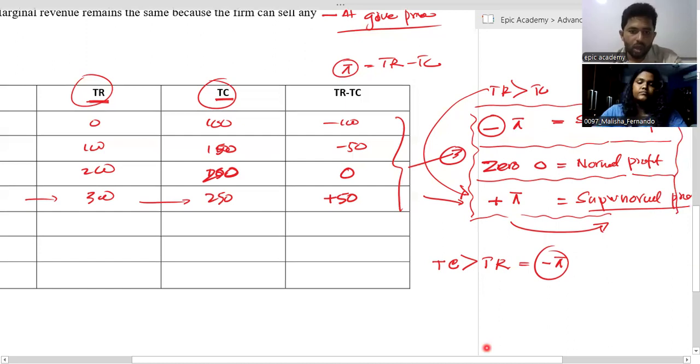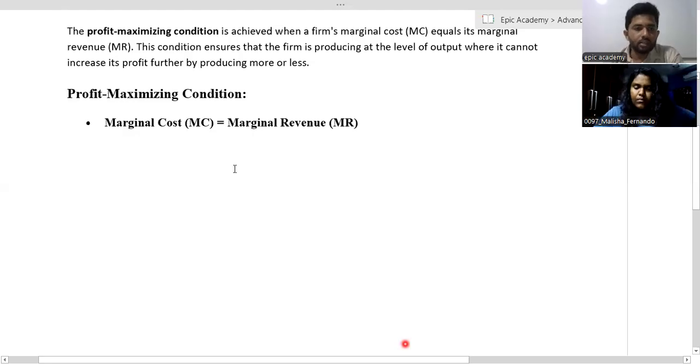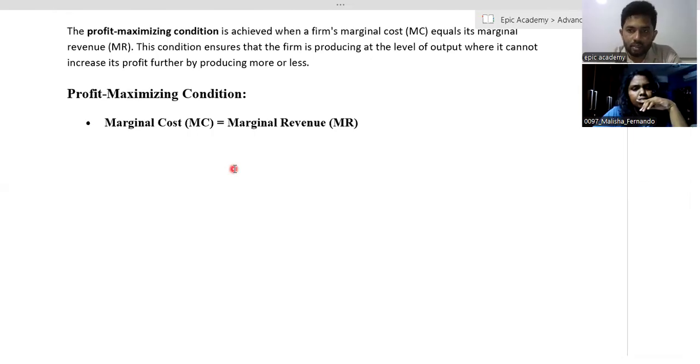Okay. So how can we take decisions related to profit maximizing? No need to worry about that, and we already discussed that scenario. Your production quantity, the final output, must be decided according to marginal revenue and marginal cost.